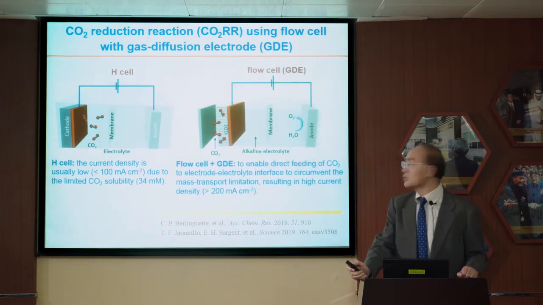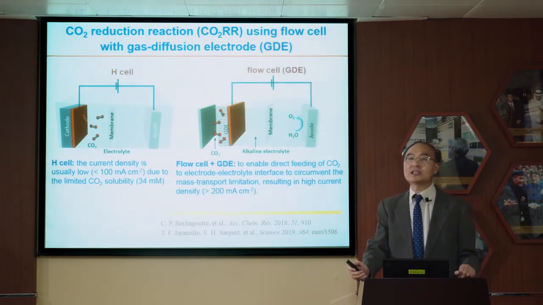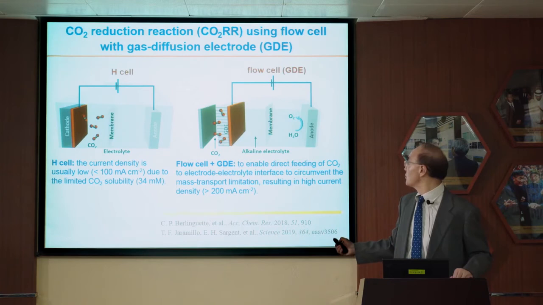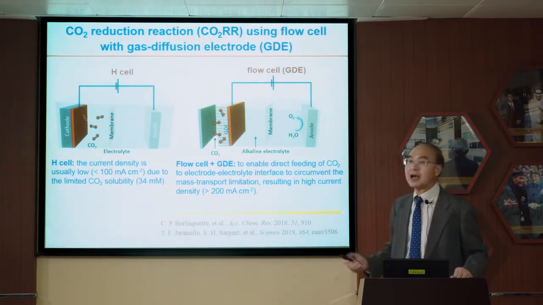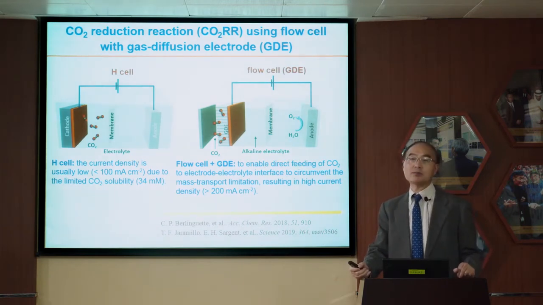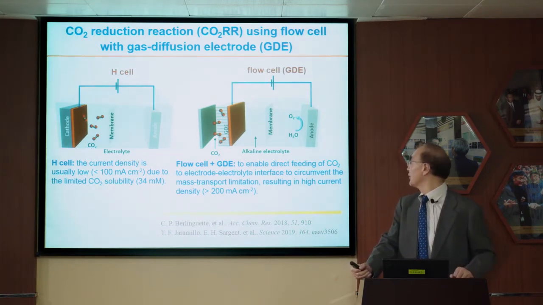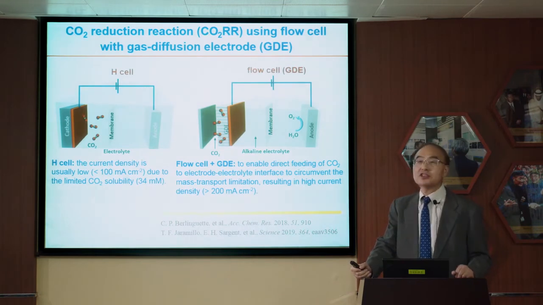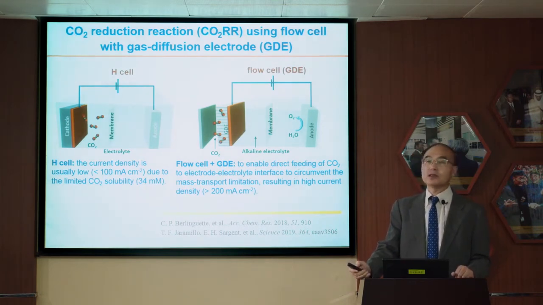The use of flow cell with gas diffusion electrode enables a direct feeding of CO2 to the electrode and electrolyte interface to circumvent the mass transport limitation, resulting in industrially relevant high current density.